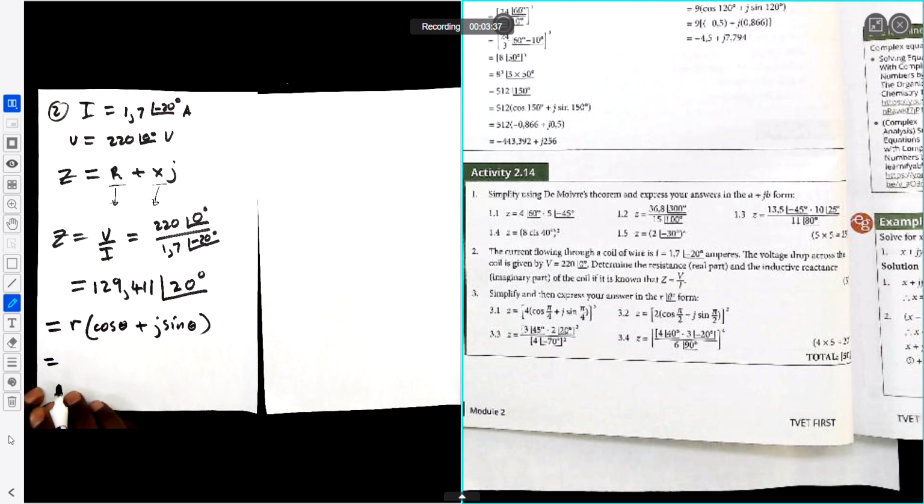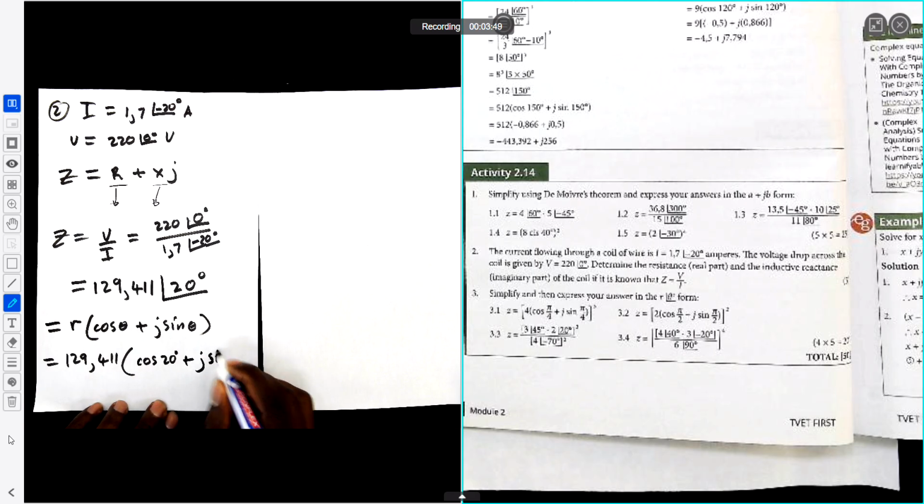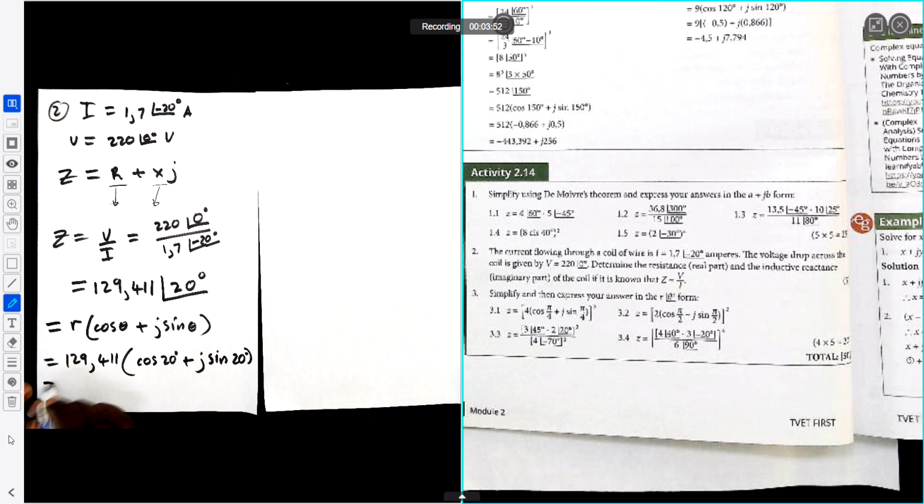So our r is 129.411, the angle is 20 degrees, plus j sin 20 degrees. Therefore the answer will be 129.411 times cos 20.